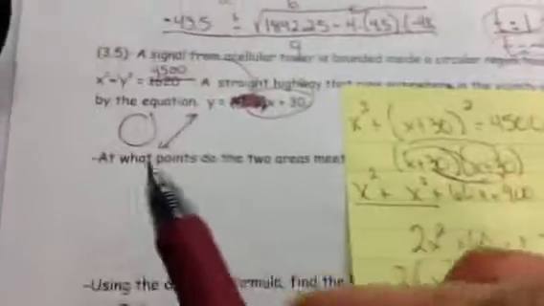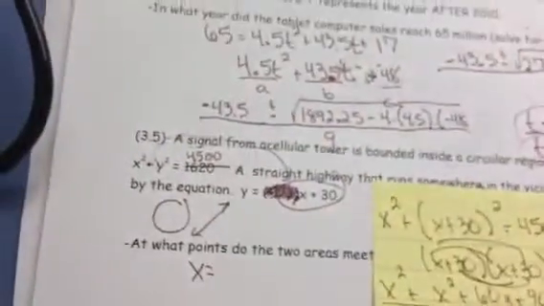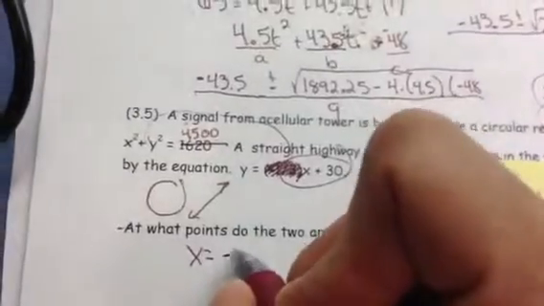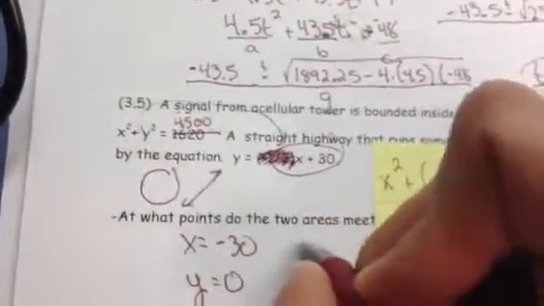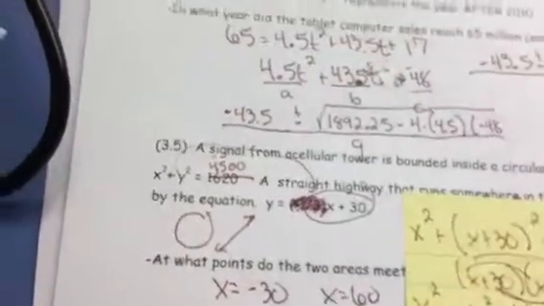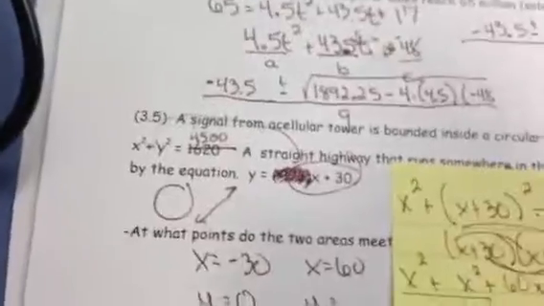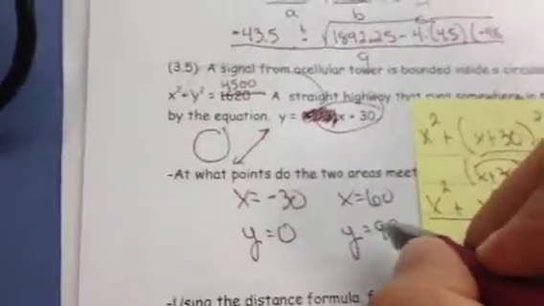I'm going to take those two and put them into here. So if x is, what was it, negative 30, and I put negative 30 into here, my y is 0. And if x equals 60, and I put it into here, my y is 90, right? All right, so those are my 2 points.